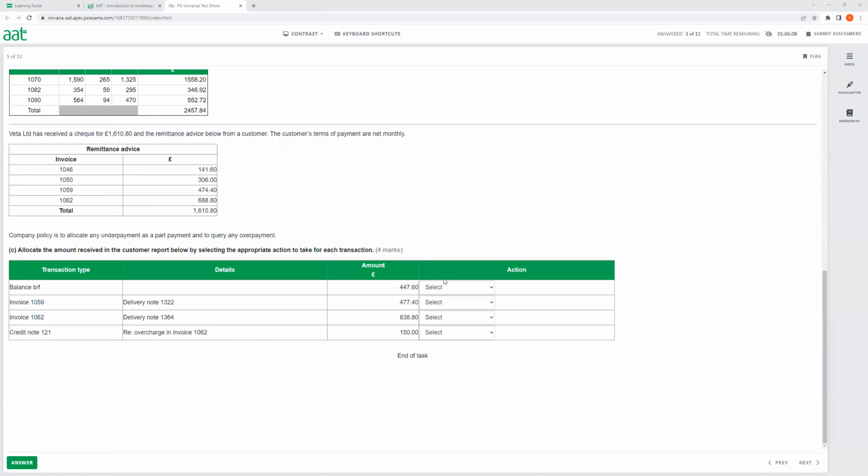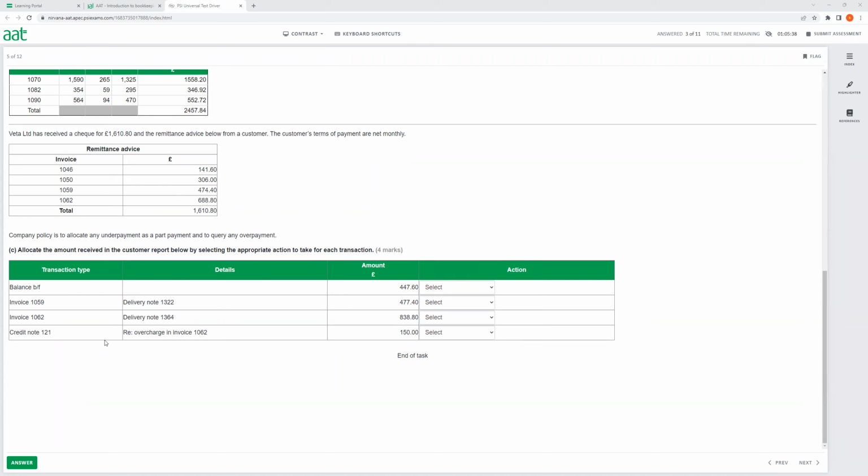The next one we have here, the company policy is to allocate any underpayment as a part payment and to query any overpayment. Allocate the amount received in the customer report below by selecting the appropriate action to take for each transaction.